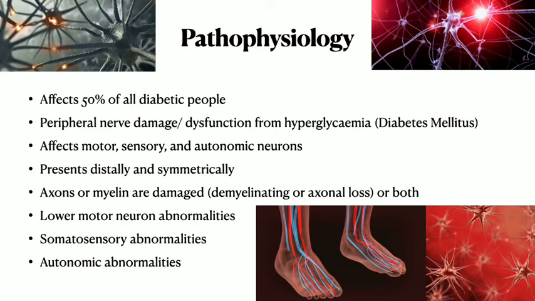And this causes dysfunction, which results in symptoms such as pain, paresthesias, dysesthesias, and affects sensation severely, often in a stocking glove distribution. We know that dysfunction is caused by damage to axons and myelin sheaths, and sometimes even to both.